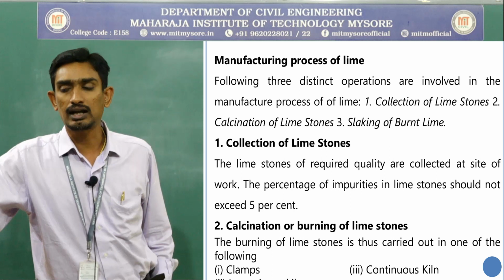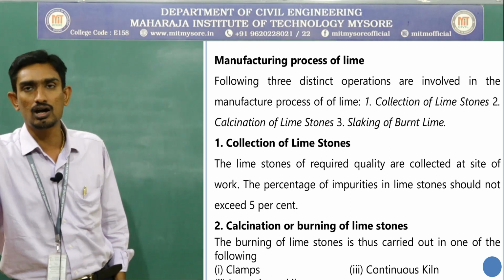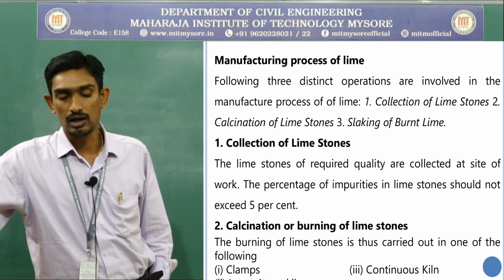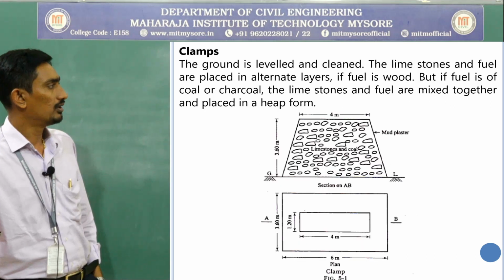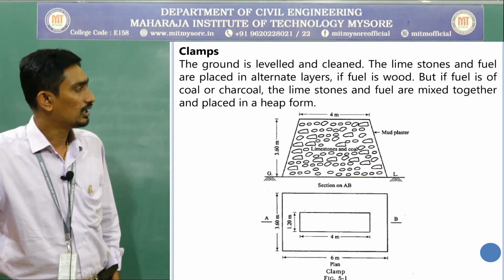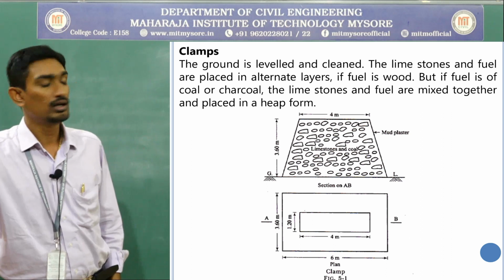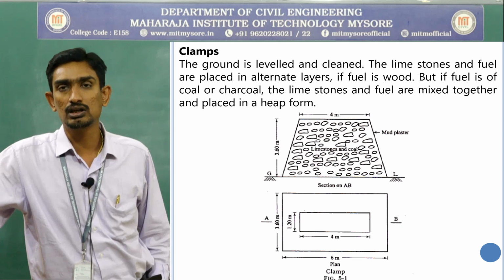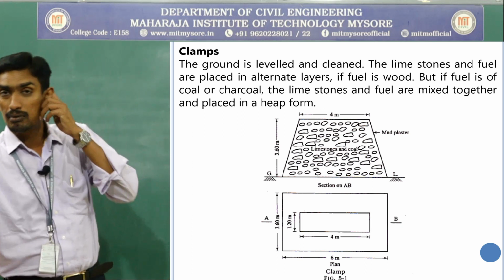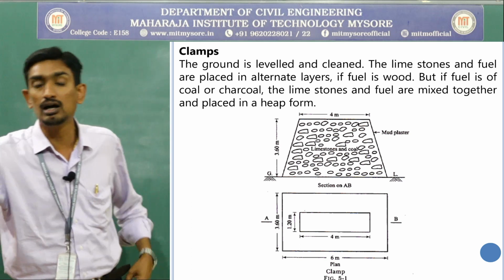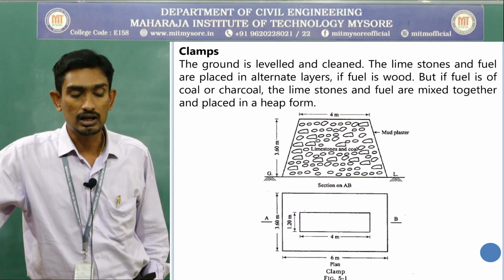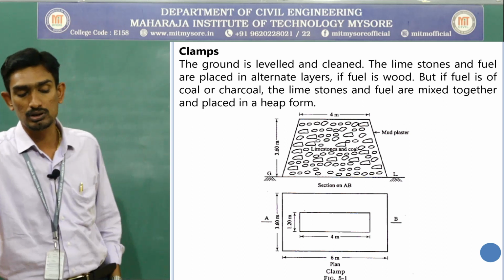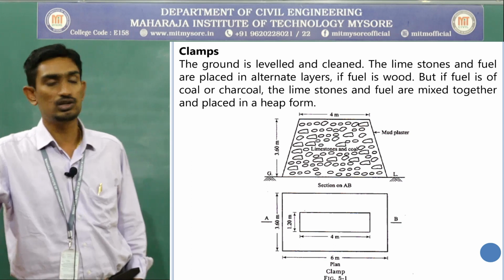But the clamp is a conventional method of burning the limestone. You can see from the photo on the next slide how exactly the clamp is done, that is, how the burning process or preparation is done. These clamps are commonly observed in villages. You can see the trapezoidal shape, and both the plan and the elevation have been showcased.